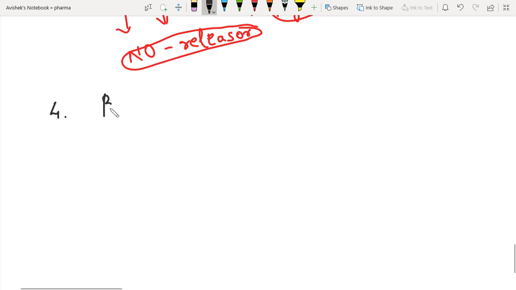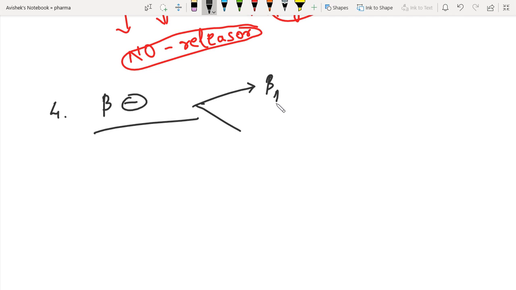Fourth drug, beta blockers. So you know beta blockers. There is beta 1 receptor and beta 2 receptor. Beta 1 is present in the heart. Beta 2 is present in arteries.